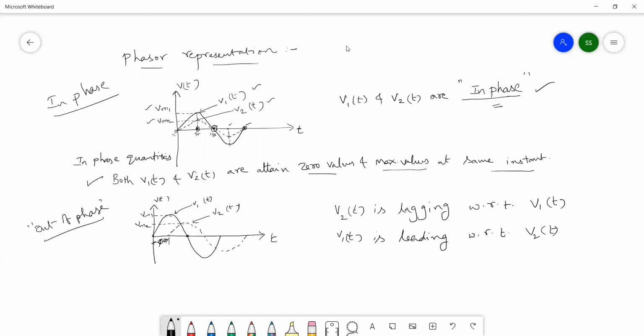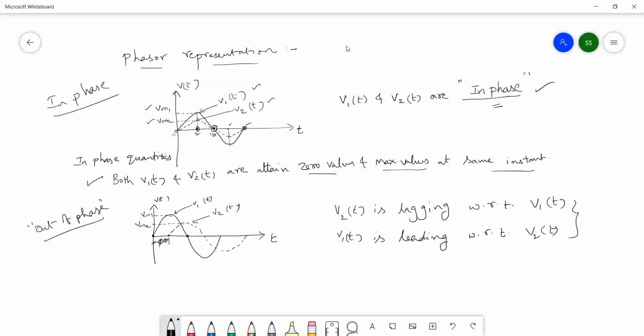These points are very, very important. Don't confuse which one is lagging and which one is leading. Lagging and leading purely depend on the phasor representation. Which one started earlier? V1 started earlier, so always V1 leads V2 and V2 lags V1. Understood clearly?